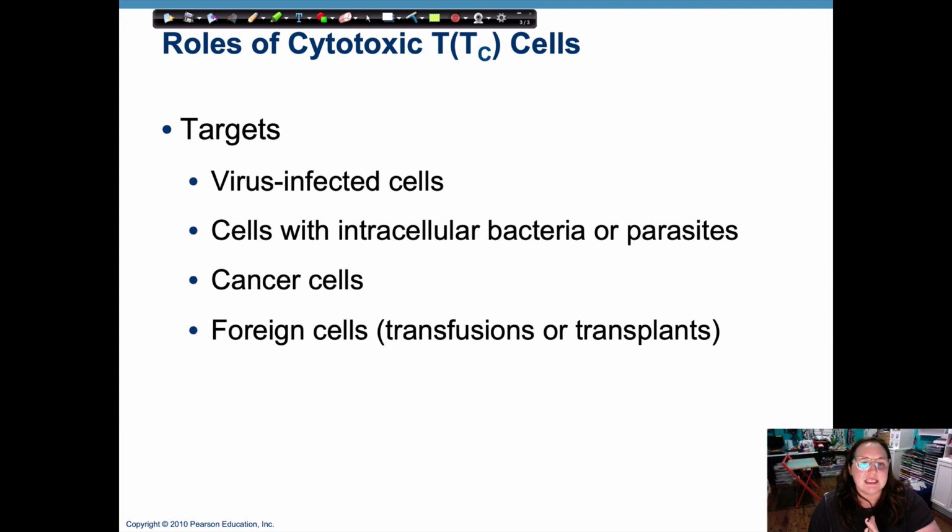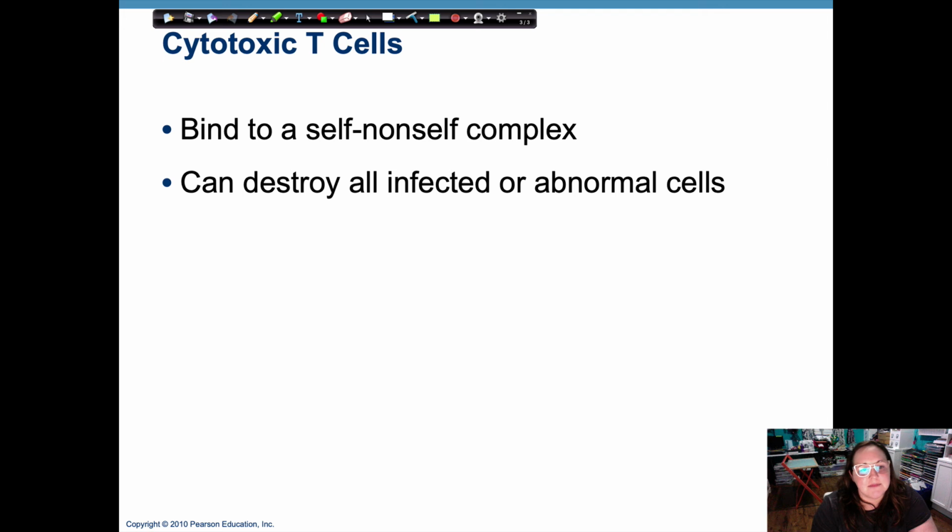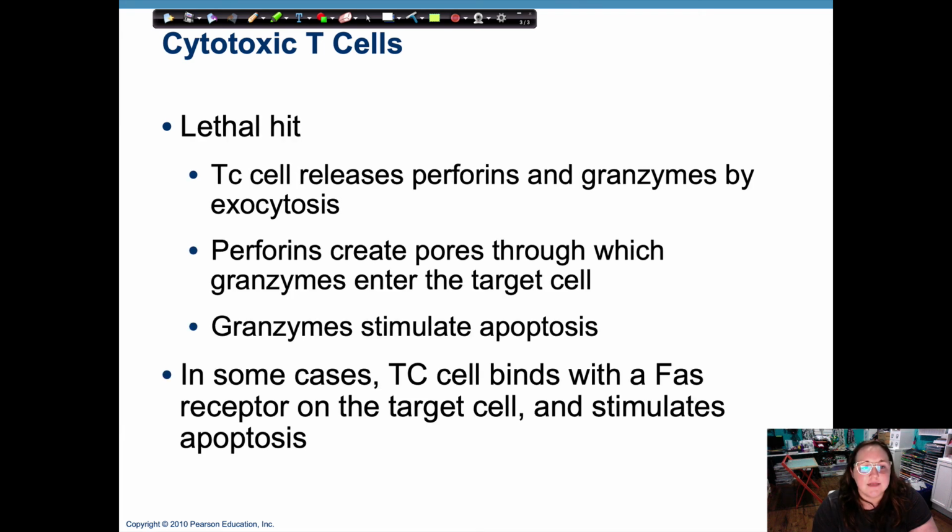So cytotoxic T cells are only going to kill virus-infected cells, cells that have been infected by parasites or bacteria, cancerous cells, and any kind of foreign cells that come into the body that are mismatched due to transfusions and transplants. These cytotoxic T cells bind to a self-non-self complex. So they're going to bind to that MHC1 protein that is presenting a foreign antigen on it.